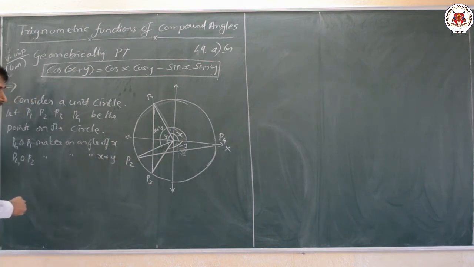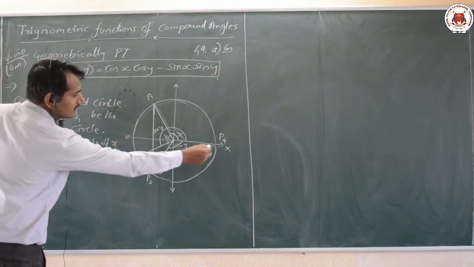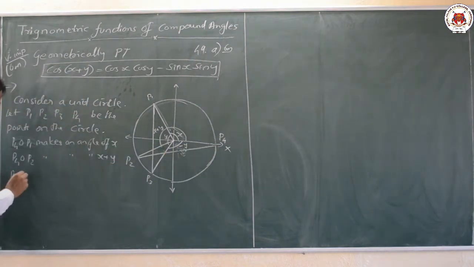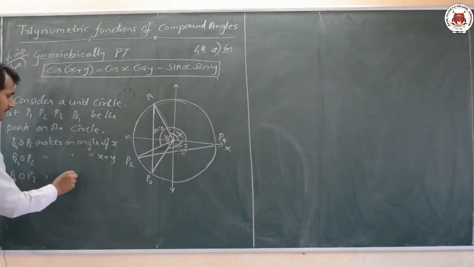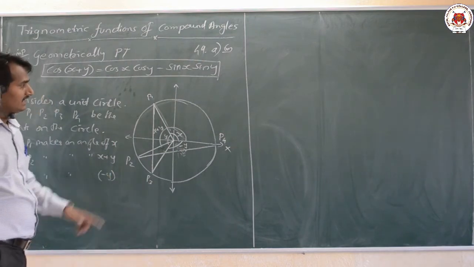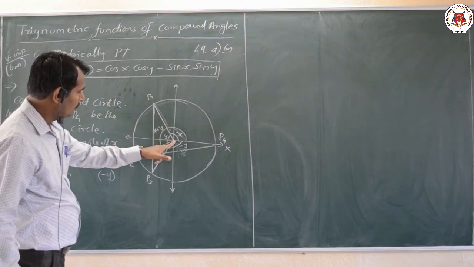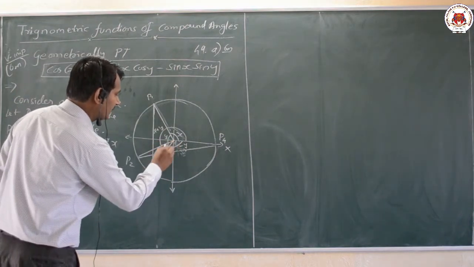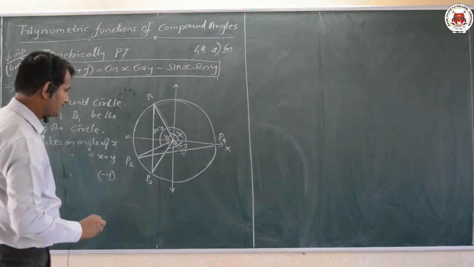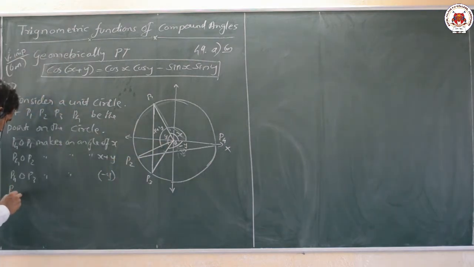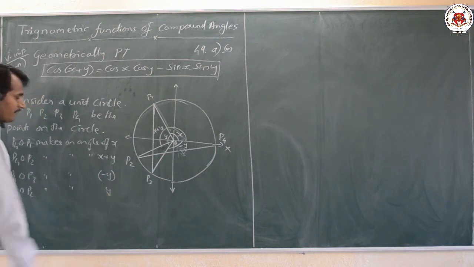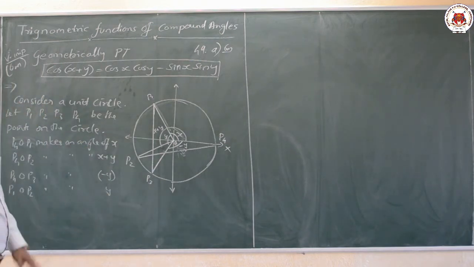And at last P4OP3 makes an angle of minus y, as well as P1OP2, with center O, makes an angle of y. These are all the basic things that we have seen here.